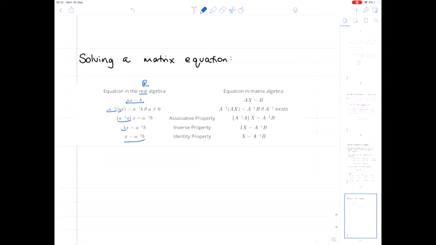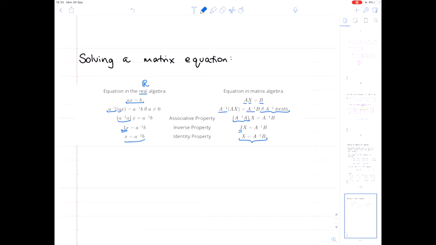And in fact, we're doing pretty much exactly the same in matrix algebra. So we've got A times some variable that we're trying to solve for is equal to some series of constants. Multiply on the left by the inverse if it exists. Then you use the associative property of matrix multiplication to get the identity matrix, which acts like one acts in real algebra, and there we've got a solution.